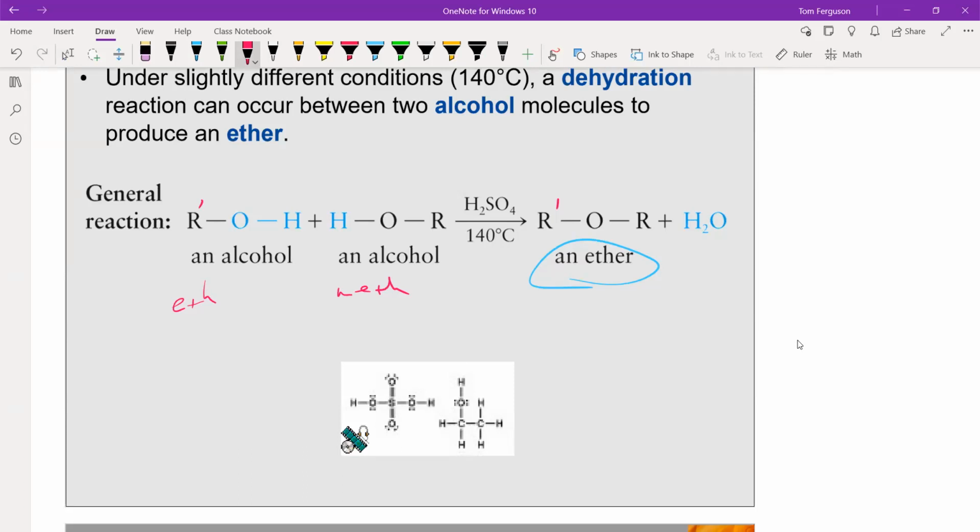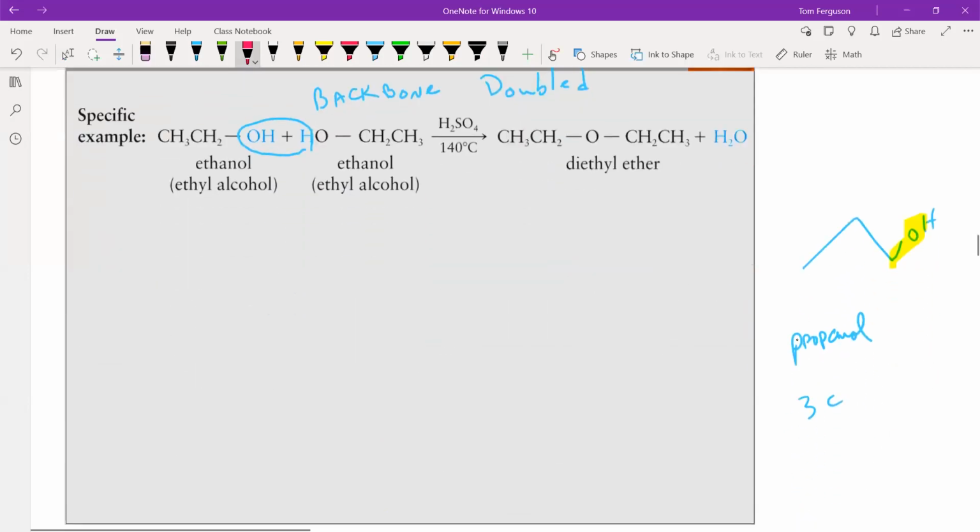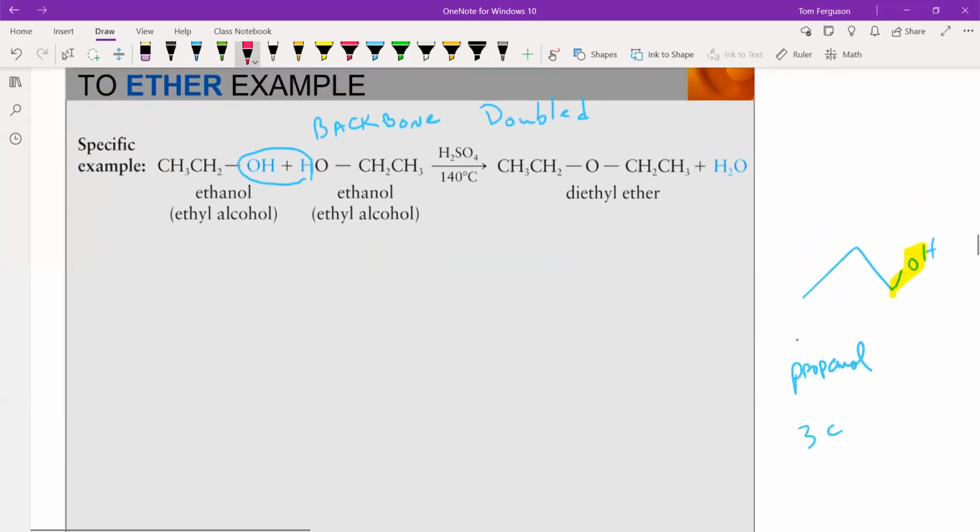So basically, where they would hook up, the two OHs would hook up together. And that would give you the combined ether. And of course, because it's a dehydration, it'd kick off water. If the two alcohols are the same alcohol, you're going to end up doubling the backbone.